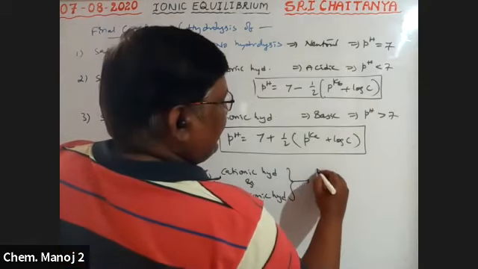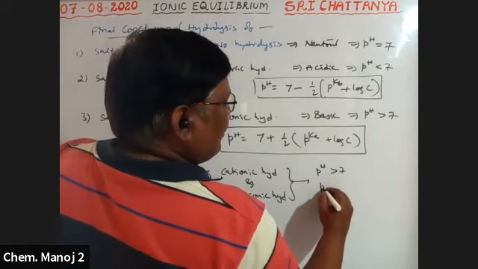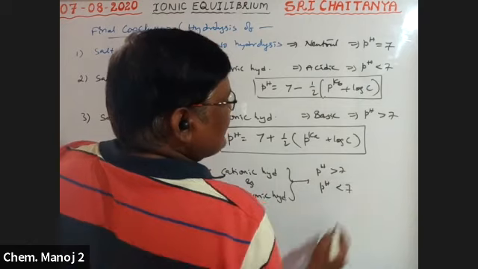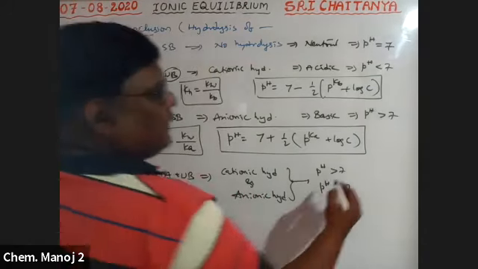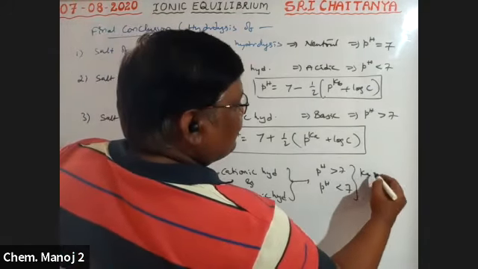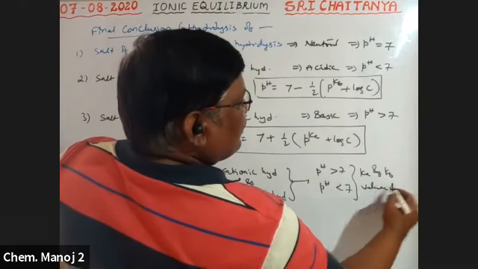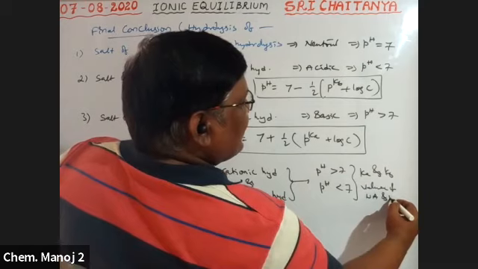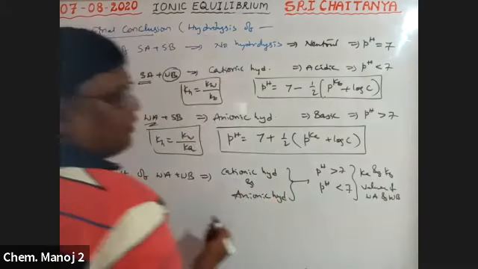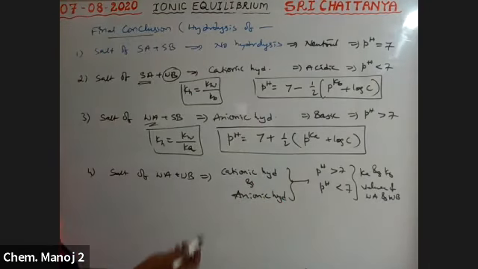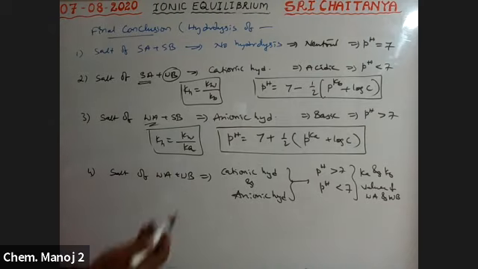So pH may be greater than 7 or less than 7, depending on the Ka and Kb values of the weak acid and weak base respectively. If Ka is equal to Kb, then pH is equal to 7.